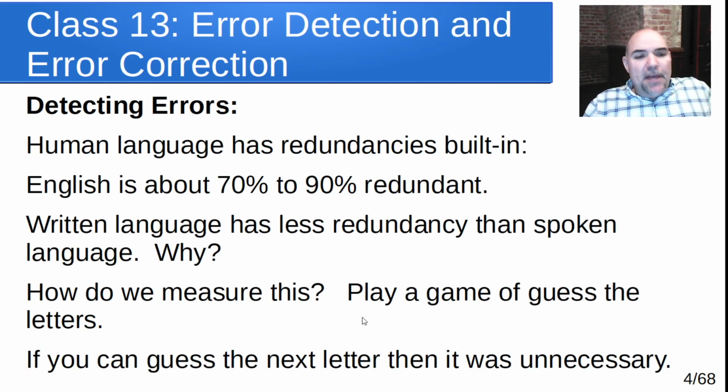And if you think about that, human languages actually have redundancies built in. English, for example, is 70% to 90% redundant. And it depends on if it's written or spoken, what level that is. Written language has less redundancy than spoken language. Spoken language tends to have more redundancy. And why is that?